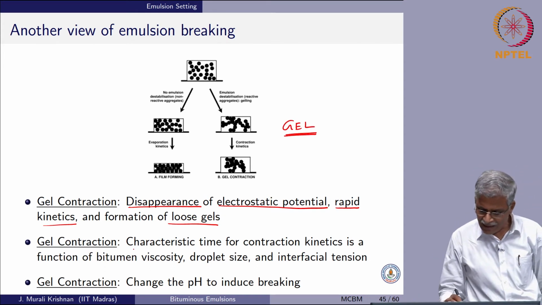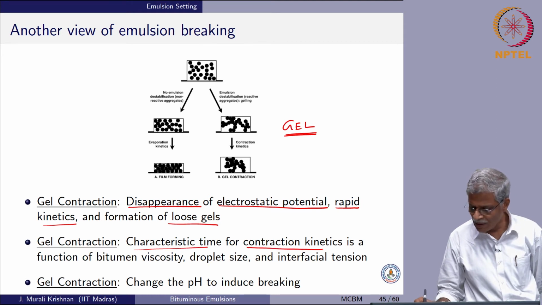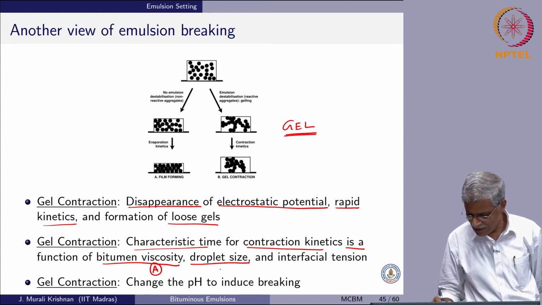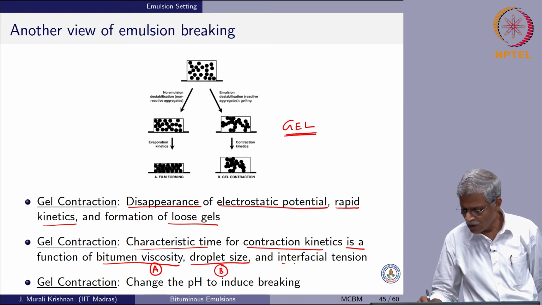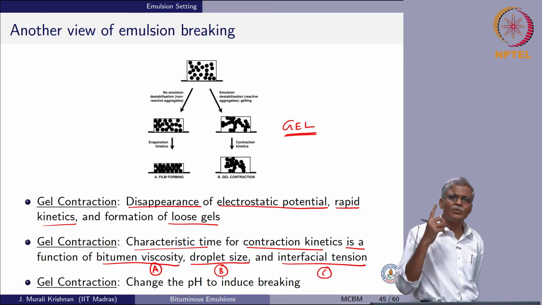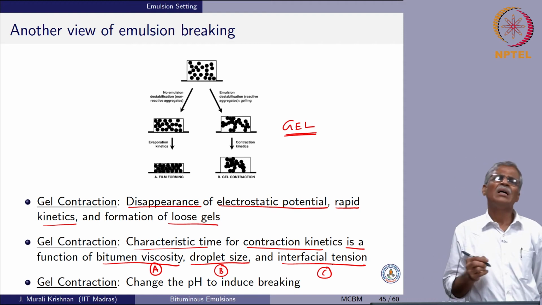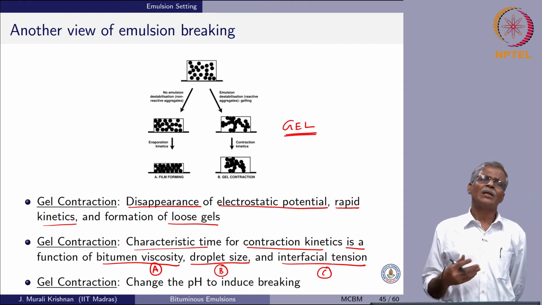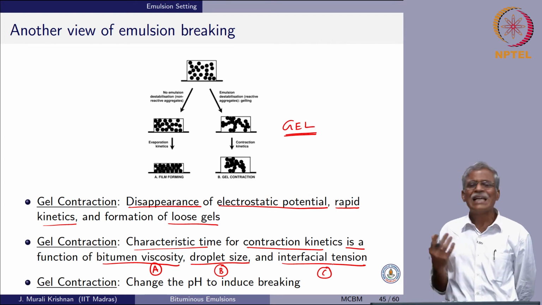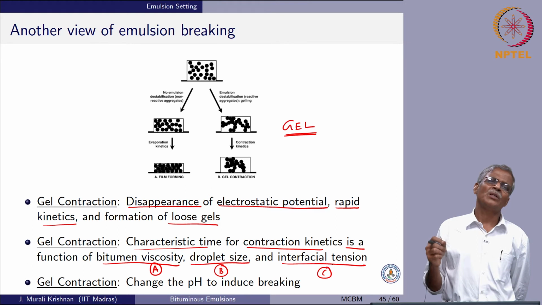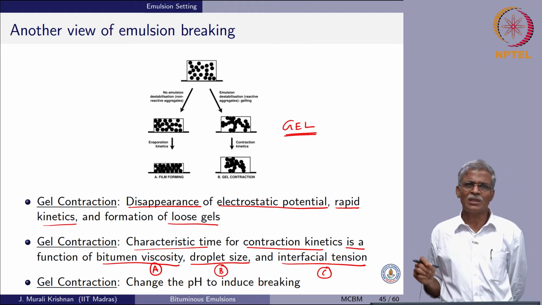And the characteristic time for the contraction kinetics is a function of bitumen viscosity, number 1, droplet size, number 2, and interfacial tension. Now, bitumen viscosity is something that you can measure. Droplet size could also be estimated by a particle size analyzer and all those things. The interfacial tension is very difficult to measure as far as emulsions are concerned, okay.